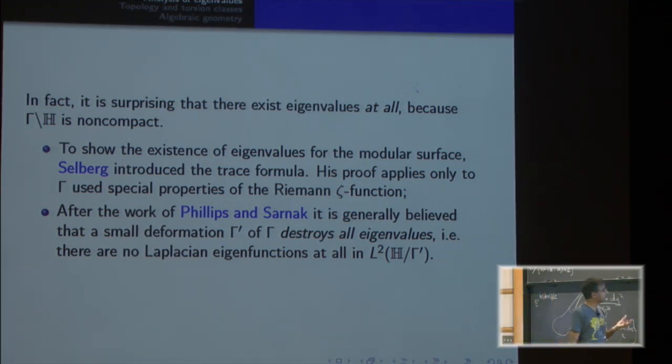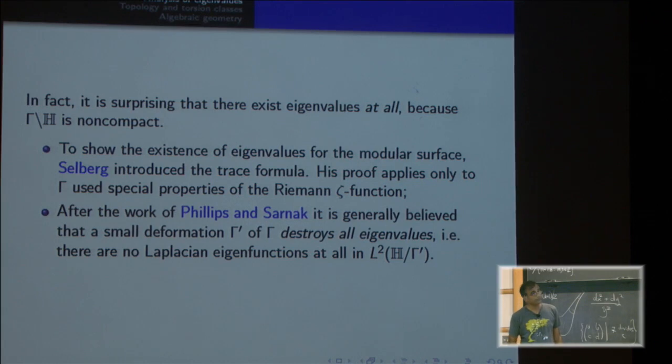So the existence of discrete spectrum is something that you shouldn't expect. The problem is that the continuous spectrum has a strong tendency to absorb the discrete spectrum. But this doesn't seem to happen in the arithmetic case. So the very fact there are eigenvalues, let alone that we can talk about the Weyl law, is surprising.